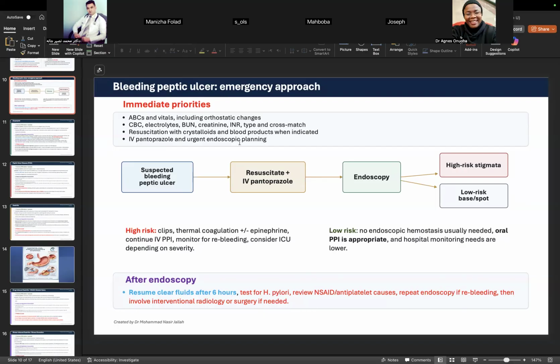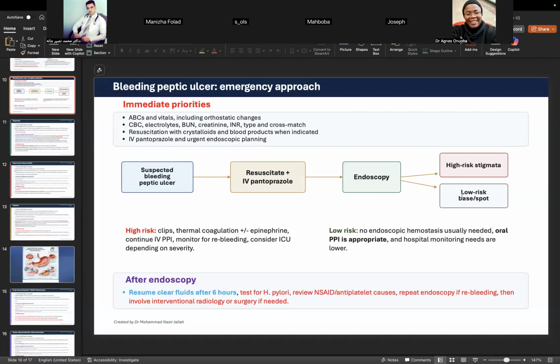Please remember this. This will be in the NAC OSCE station, especially if you have an emergency case of bleeding PUD. So resuscitate with crystalloid and blood products when indicated, IV pantoprazole and urgent endoscopy. Suspect bleeding, resuscitate, plus IV pantoprazole.